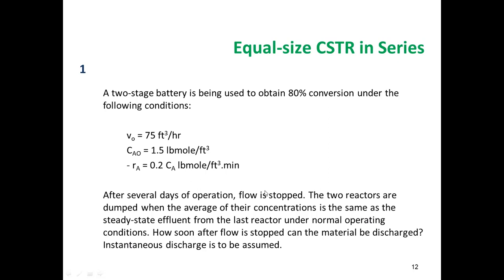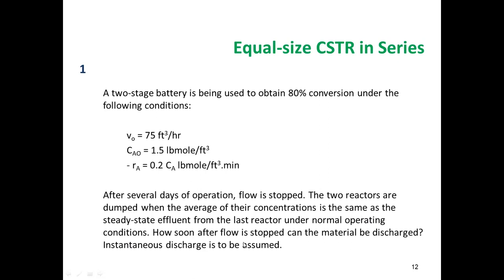So meaning when the flow is stopped, it doesn't mean that the content of the reactors were discharged, but the reactors will still process the partially converted material inside them. They will process it for a certain amount of time. When will the processing stop? So this is the question that the problem asks you to answer.